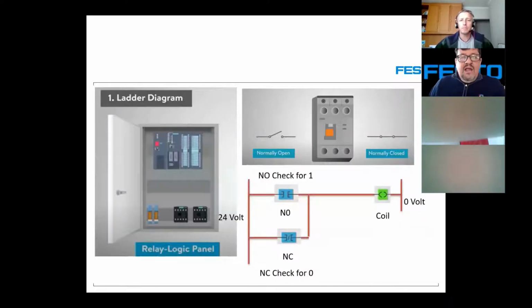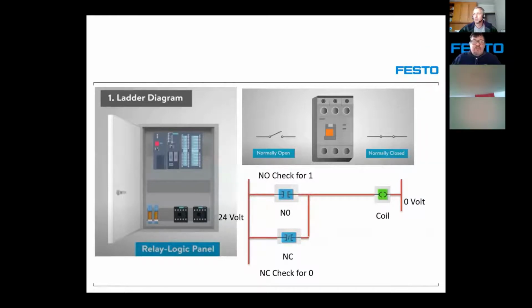Okay, now let me quickly talk about your ladder diagram itself as a program in the logic part of your PLC. We talk about normally open contacts and normally closed contacts. Now, what does normally open mean, and what does normally closed mean? Within a PLC, it is like a relay that has normally open contacts and normally closed contacts.